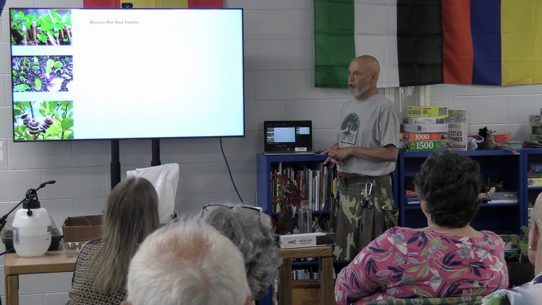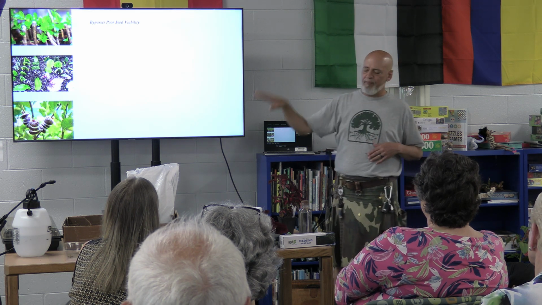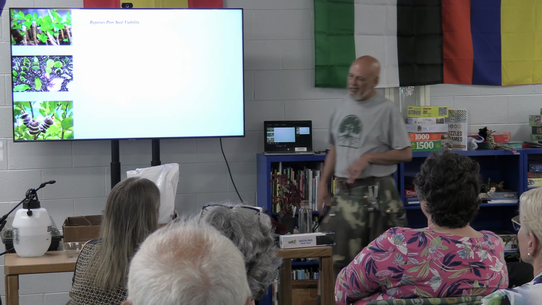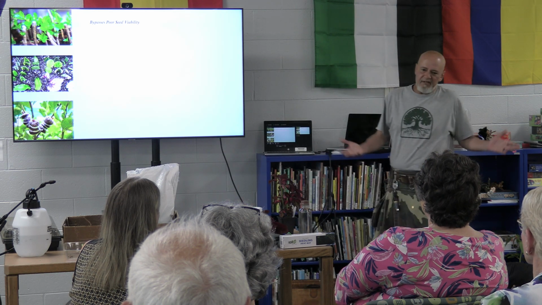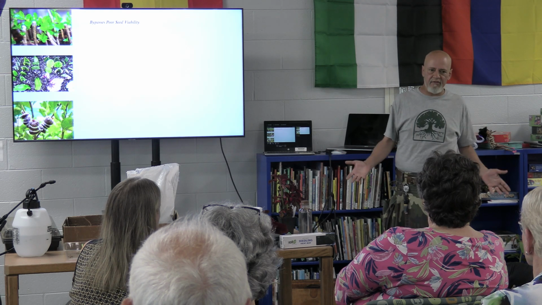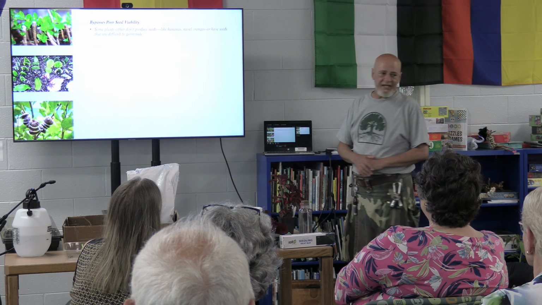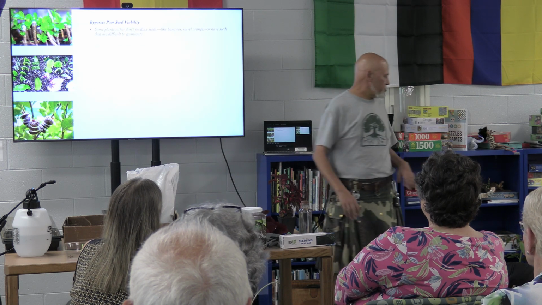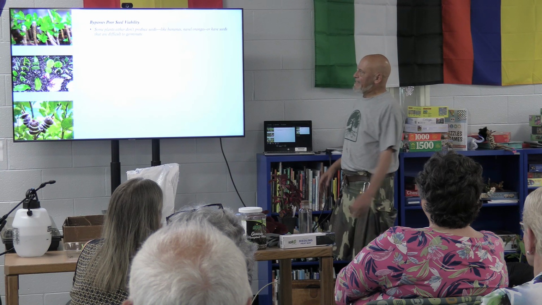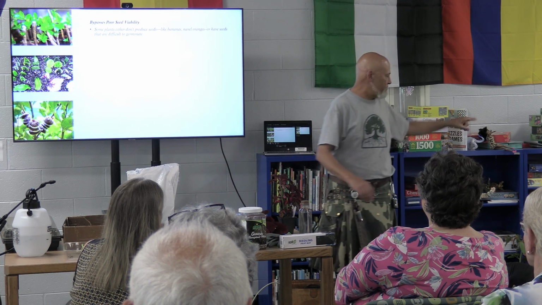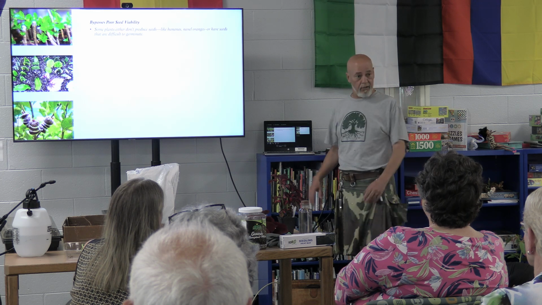Okay, so you're also going to bypass things that have poor viability, like seeds where the plant gives you like 30% germination, even in the best of circumstances. No, you're going to bypass that because you're going to know this plant's got strong genetics, that plant's got strong genetics. And there's some stuff that you can't grow from seed because it's made sterile. We have a Thunbergia that we're going to do that way because there's no other way to produce it.